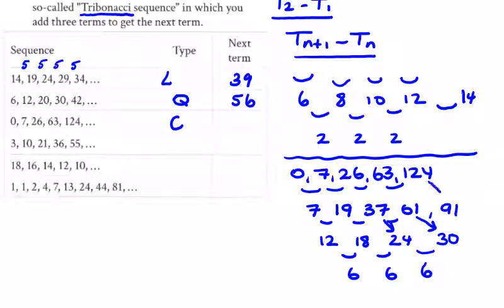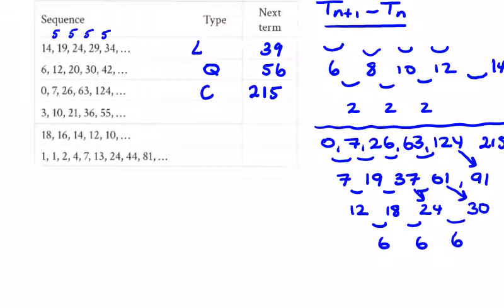And we'd have to add 124 and 91 to get 215. Let me just double check. 215 is correct.